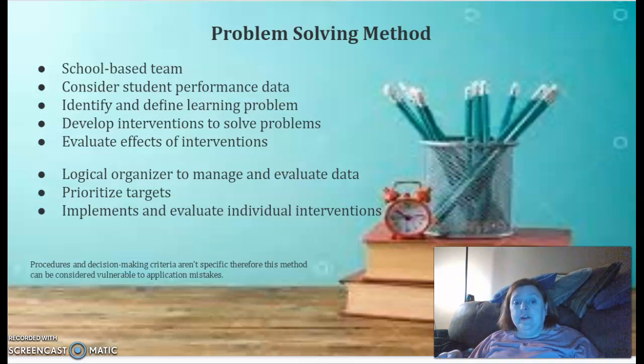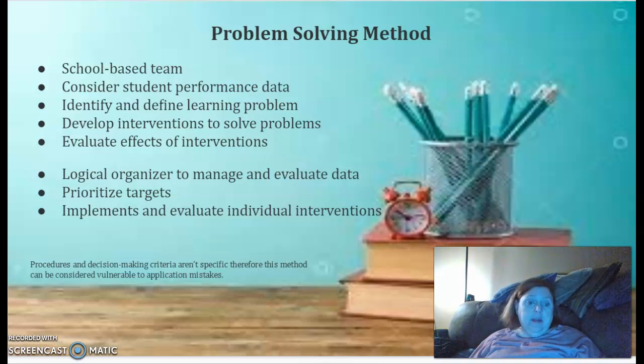Once those interventions have gone into effect, they use them for certain periods of time. Then, once they're complete, the school-based team goes back and evaluates the effects of those interventions. So hopefully those specific interventions will take care of those specific learning problems that were defined.